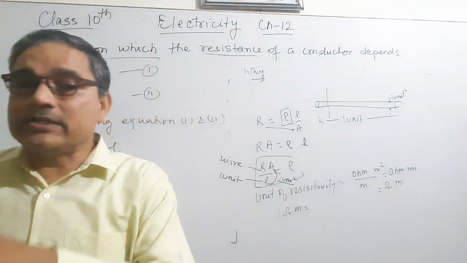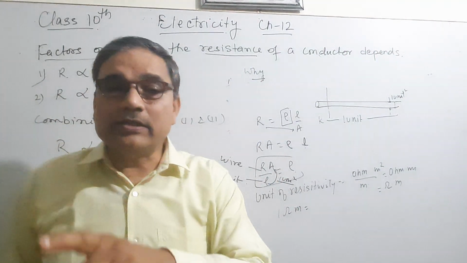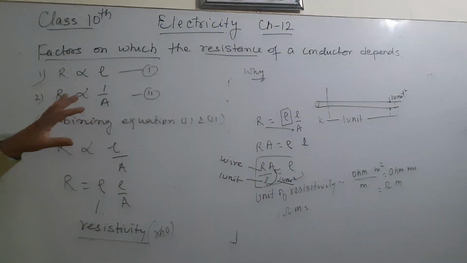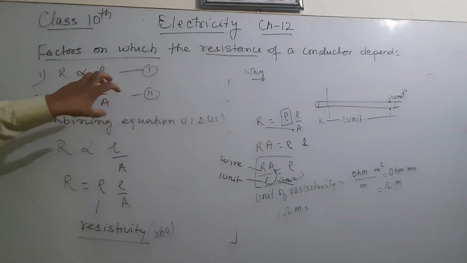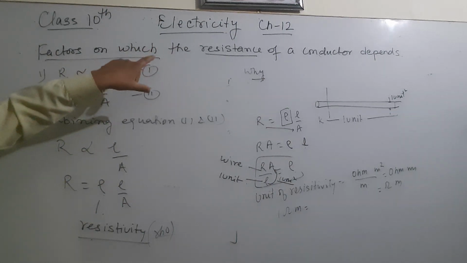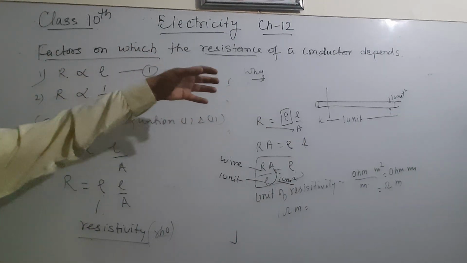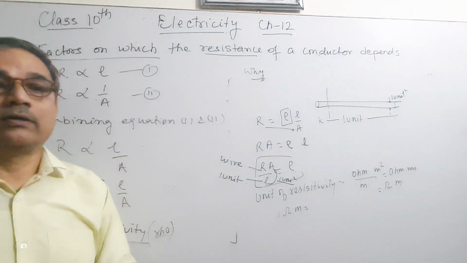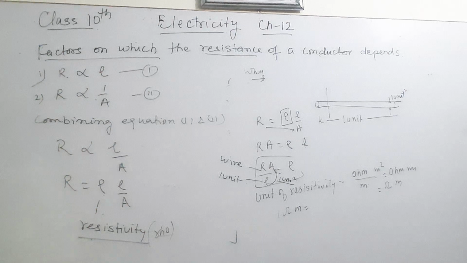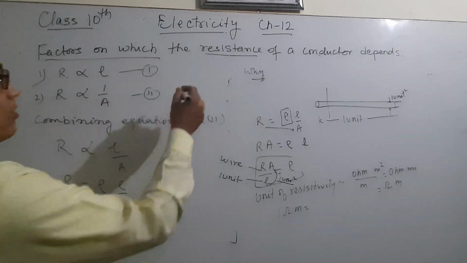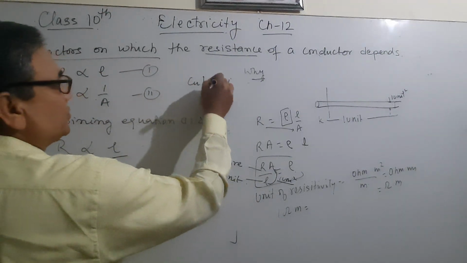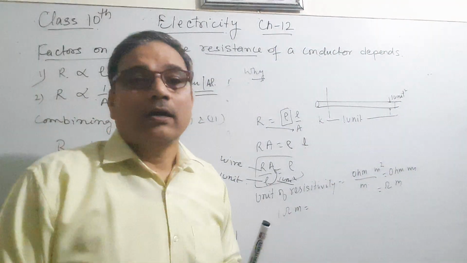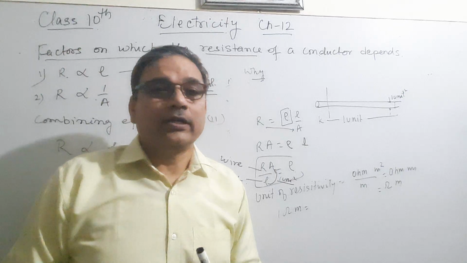Because they have high resistivity, they do not oxidize easily, and they have a high melting point. Therefore, in the filament of a bulb, we use tungsten metal because it has high resistivity, does not oxidize easily and has a high melting point. Other metals like copper and aluminium are used to transmit and supply the electric current. Is it clear?